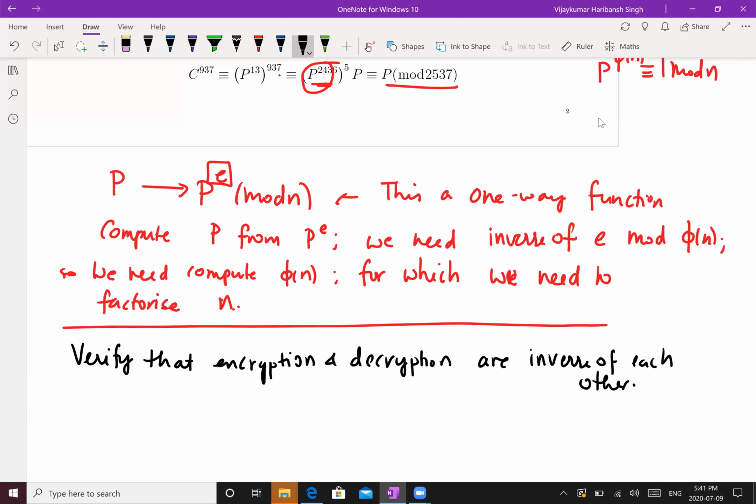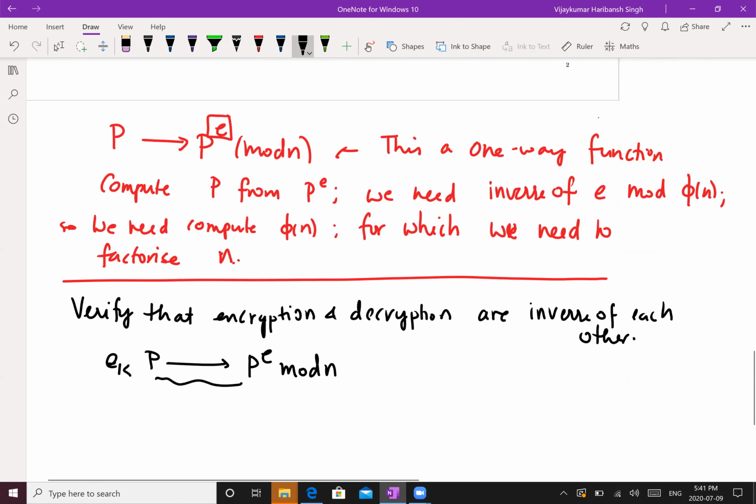What do I mean by that? Suppose you have P, which is the plain text, and that goes to P to the power E mod n. Let's call this step the encryption step. This is a function, said to be a one-way function.